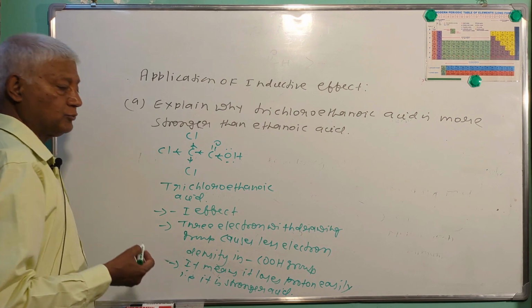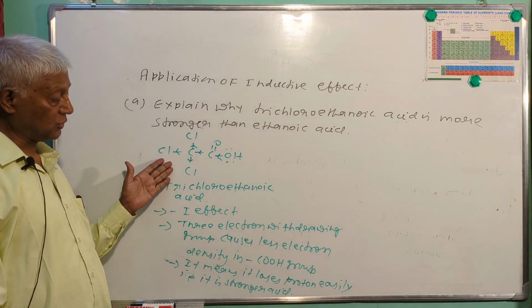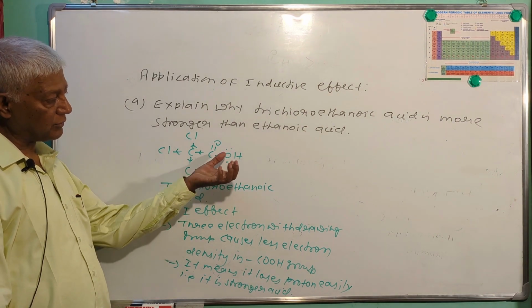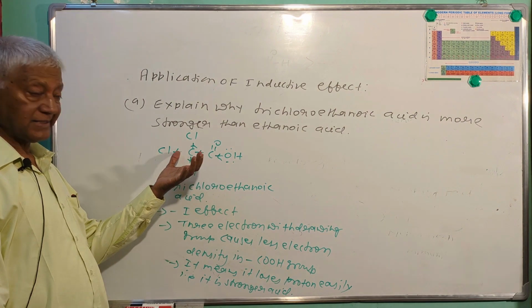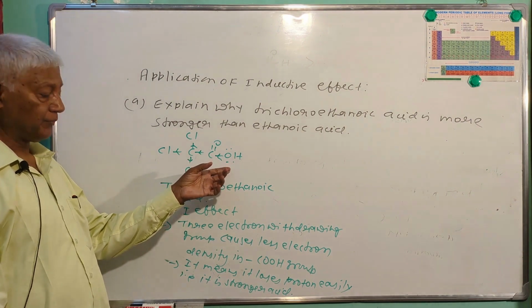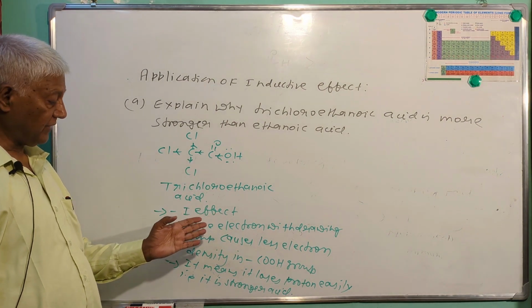So we have to remember three things here. Due to the presence of three chlorine atoms, electron density is withdrawn towards themselves, so the electron density is very low. The effect is the negative inductive effect.